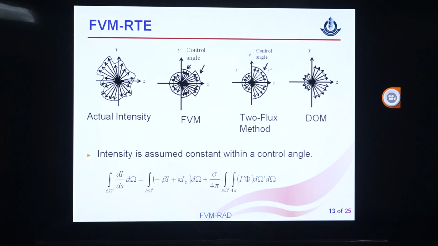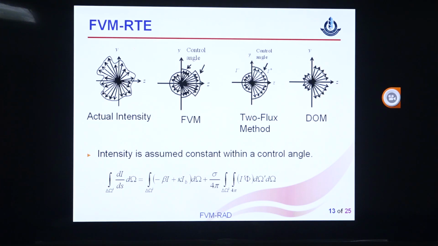That has been shown here, and the discrete ordinate method also can be obtained from the finite volume method in the sense that each discrete direction is captured using a control angle and you integrate that control angle with a delta function.